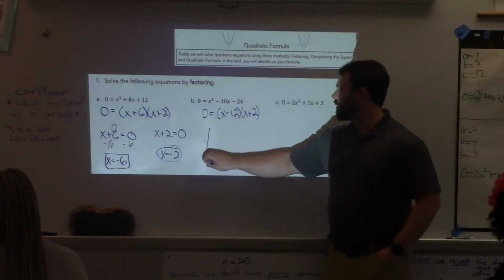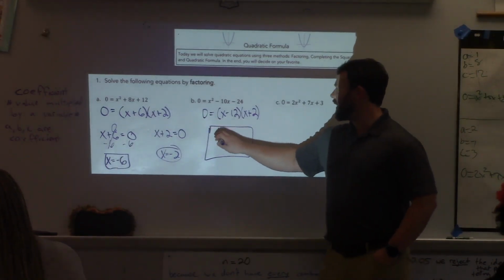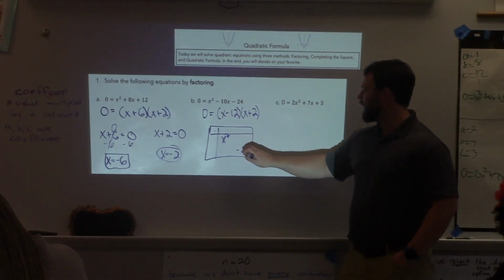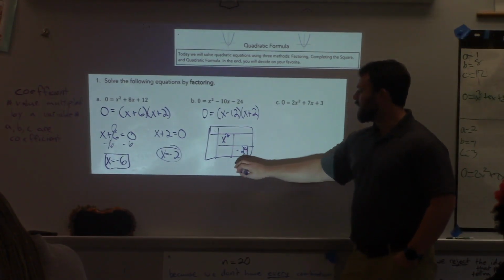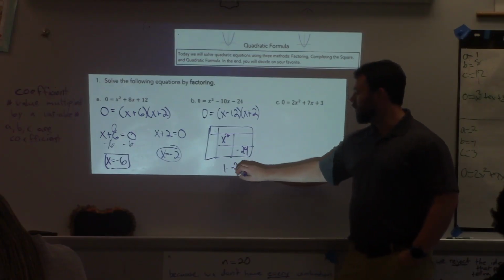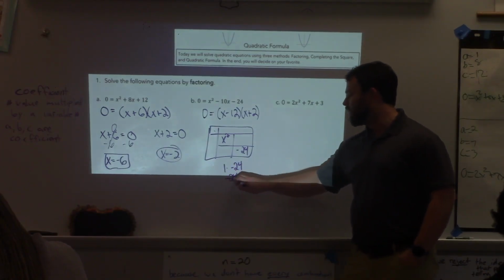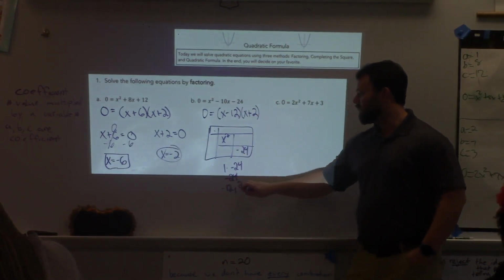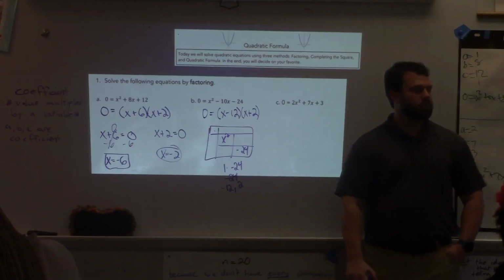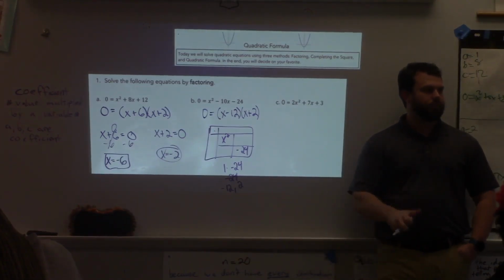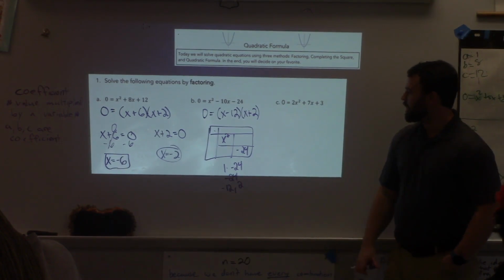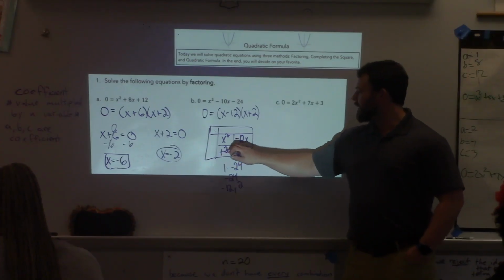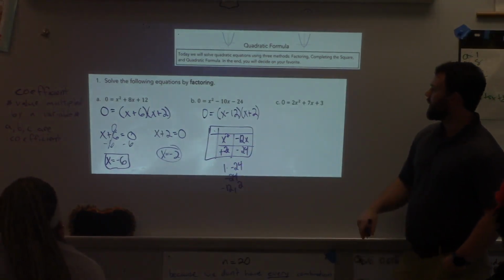Because I will point out, Carter, if you're putting this in the area model to factor it, it's got to be x squared, it's got to be -24, and then I need something that multiplies to give me -24 and adds to be -10. -12 and a +2. Are you good with that? So yeah, -12x plus 2x. Okay, and so we got x equals 12 and x equals -2.